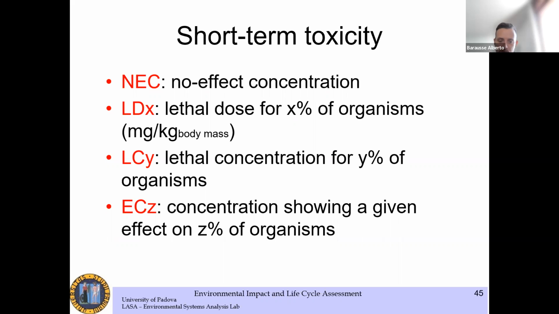And LC50 is the lethal concentration, not dose, but concentration, so a different unit of measurement, which kills 50% of organisms in an experiment in the lab. Or you can have effect concentration 50, the concentration showing a given effect, I don't know, reduction in growth, in 50% of organisms.